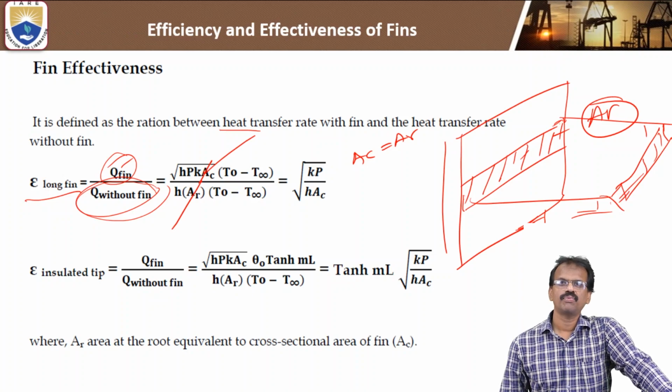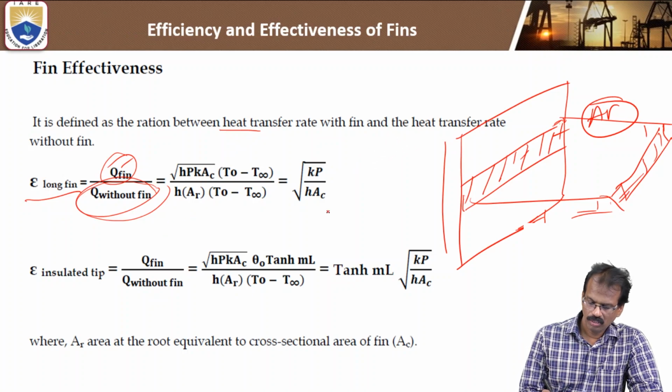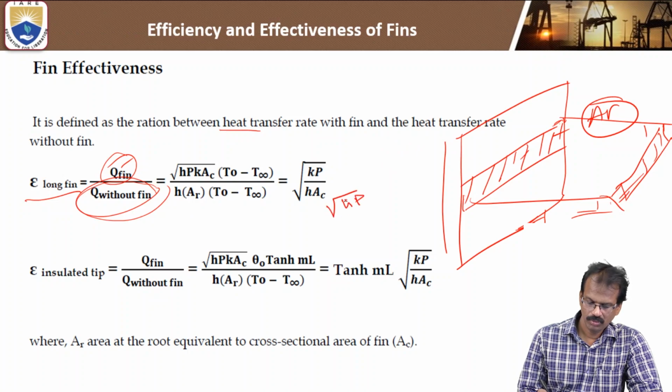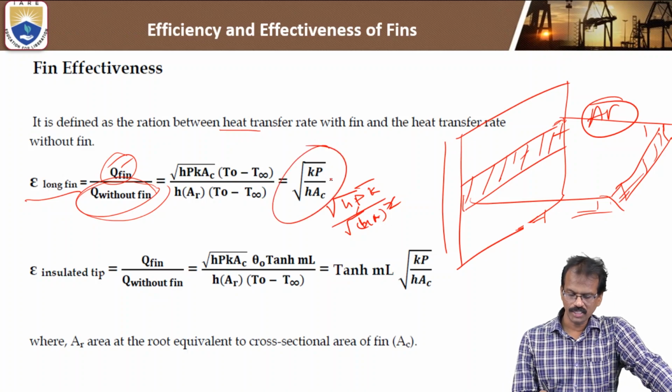Because this is in root, this is not under root, the formula is like this: under root hPkA_C divided by hA_R, which is like hA whole square. If you simplify this one, automatically you will get under root of hPkA_C by hA.